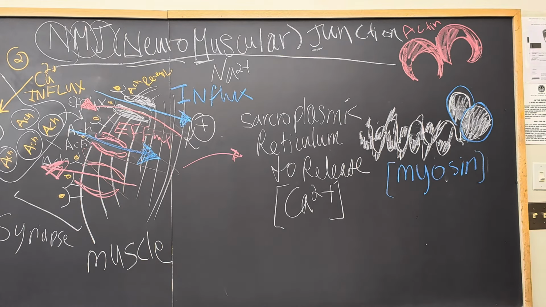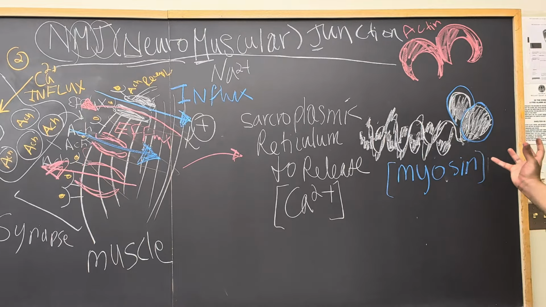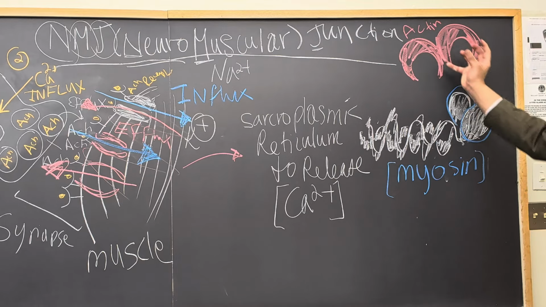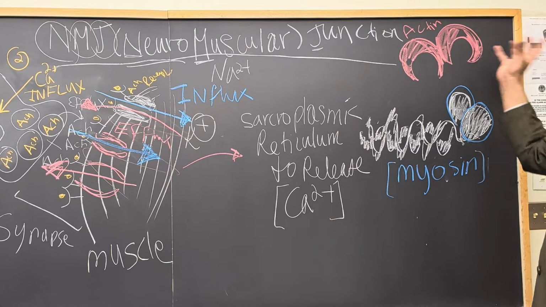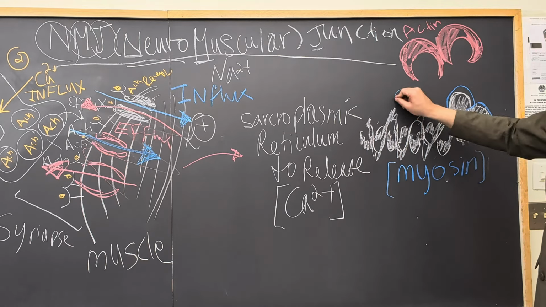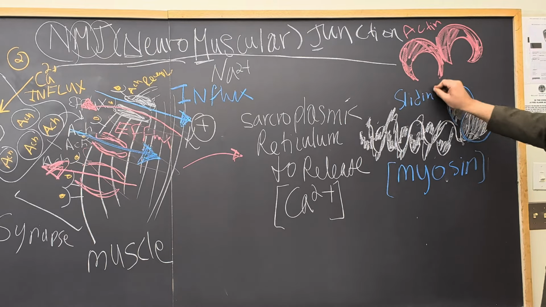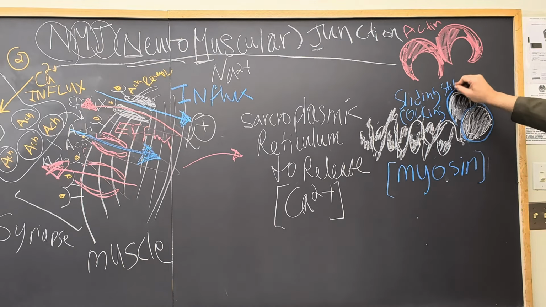So now, you said something really nice, the sliding filament theory. Sliding filament theory means that the myosin heads will enter in the holes and the pockets of actin and contract. This is called the sliding movement or the cocking stiffness movement.